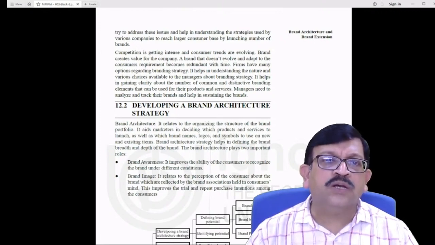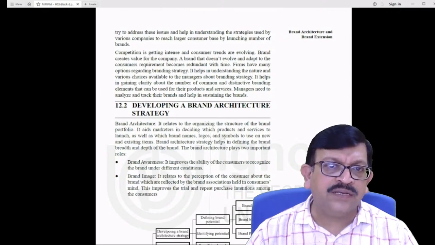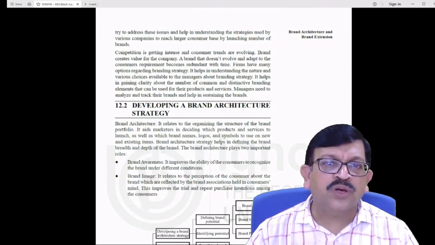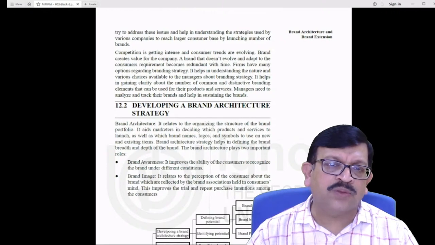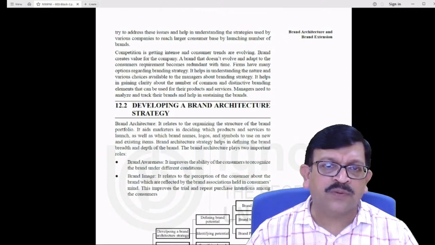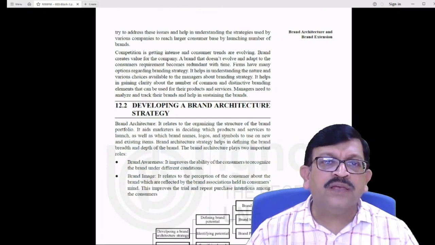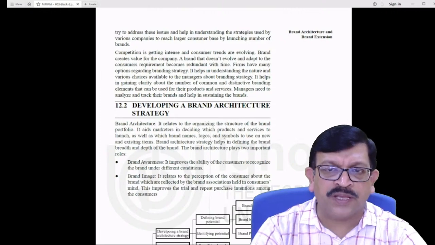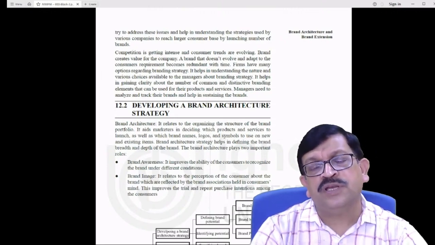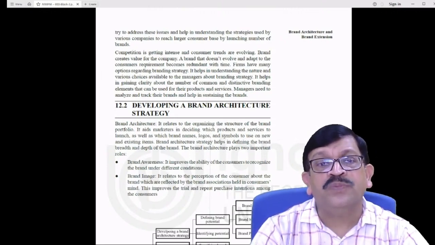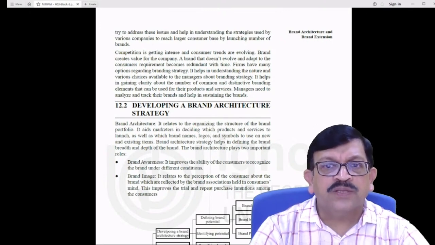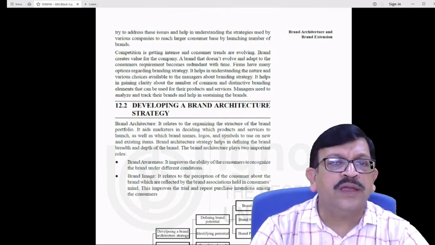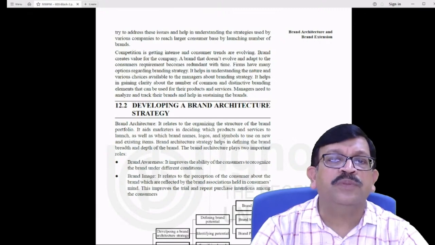As you go along, the competition catches up, and as the customer becomes more picky or choosy about the products they want to buy, you will find that the architecture or the kind of portfolio that you offer to the marketplace becomes an important consideration for brand managers on how to manage and balance it. So we will be looking into those parameters when we look into brand architecture.